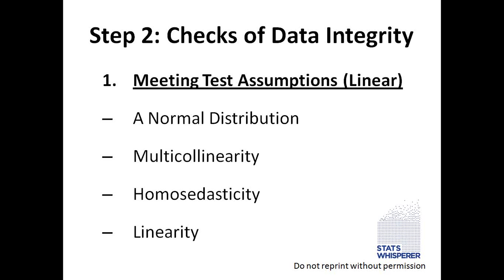If we understand everything about linear regression, we could do the other tests. Some of the big assumptions you must check is a normal distribution, which means if you have a continuous variable, it has that bell-shaped distribution of scores.